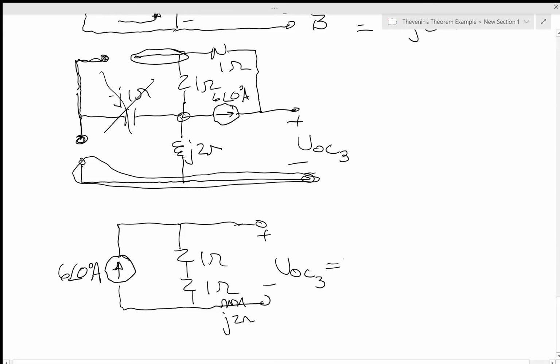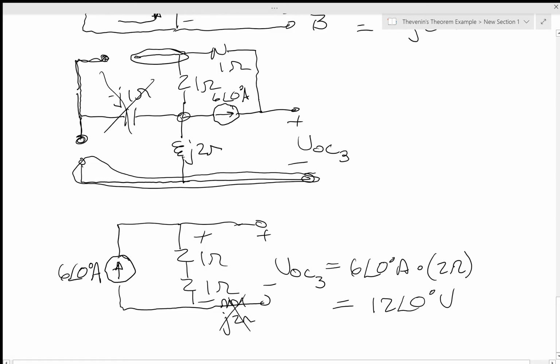And this is pretty easy. Once again, dangling in space, current can't flow, so no voltage drop. VOC then becomes across the two 1 ohm resistors, and that is going to be 6 angle 0 degree amps times 2 ohms, since 1 plus 1 is 2, and this is going to be 12 angle 0 degree volts.